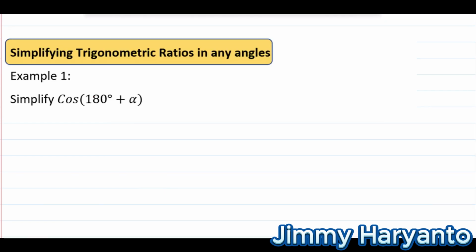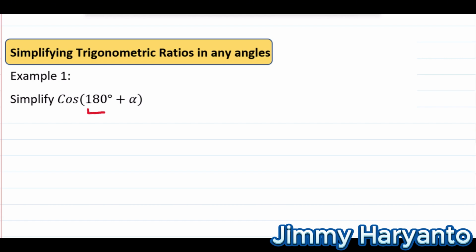Okay, next is simplifying trigonometric ratios in any angles. Example, question 1. Simplify cos 180 degree plus alpha. Okay, so first, to simplify this form, we have to determine the quadrant for the angles. For the angles, it's not given to you the value, but it's only like 180 degree plus something.